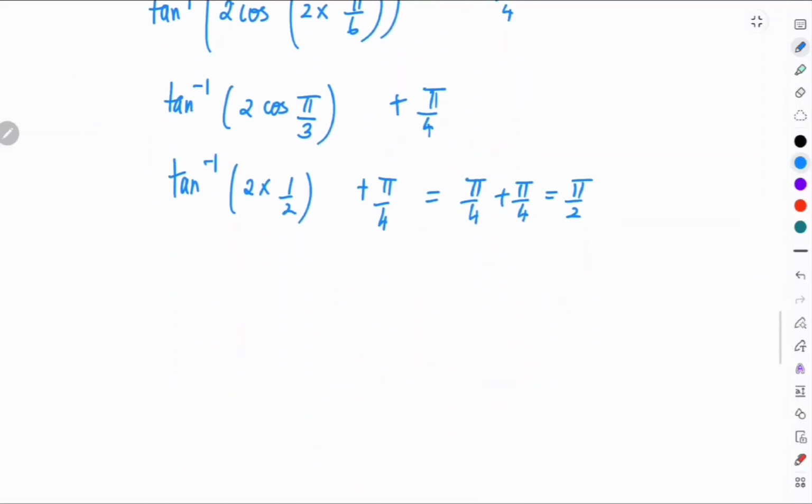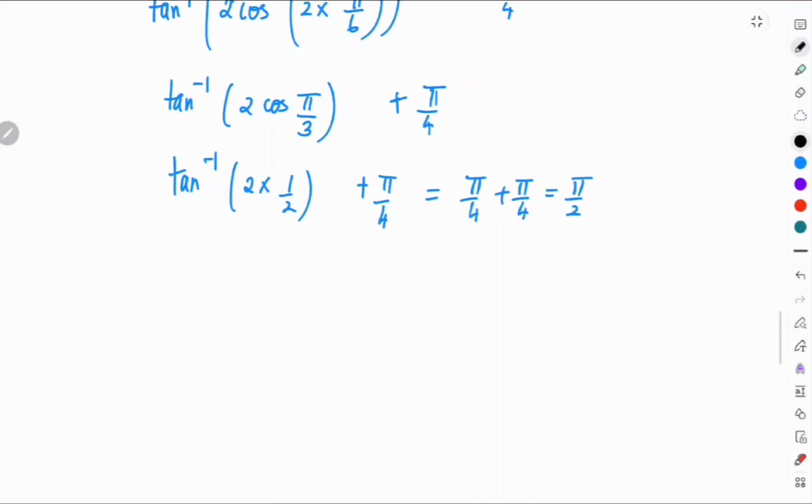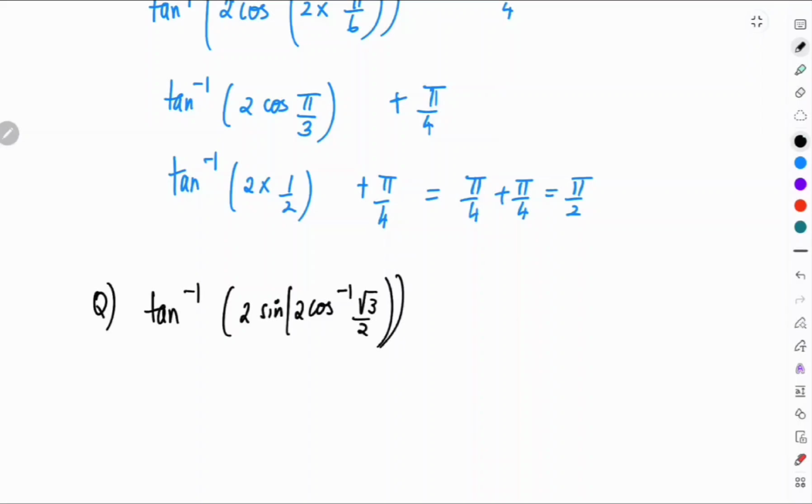Yes. This question is also asked in the CUET exam. So we have tan⁻¹ of 2 sin(2 cos⁻¹(√3/2)). Very simple question only. Let us solve this.